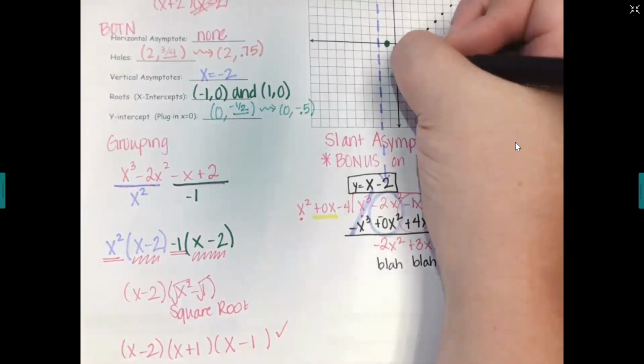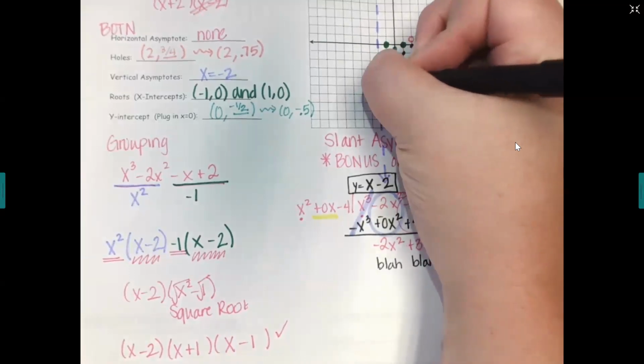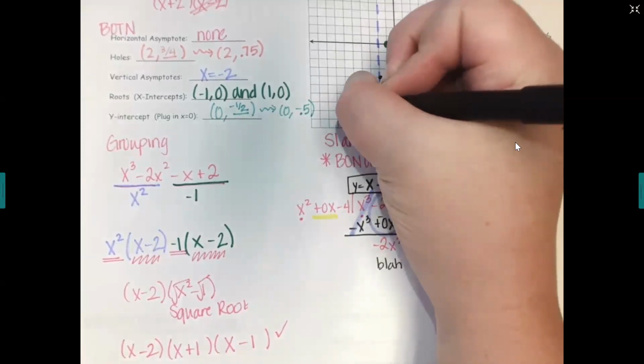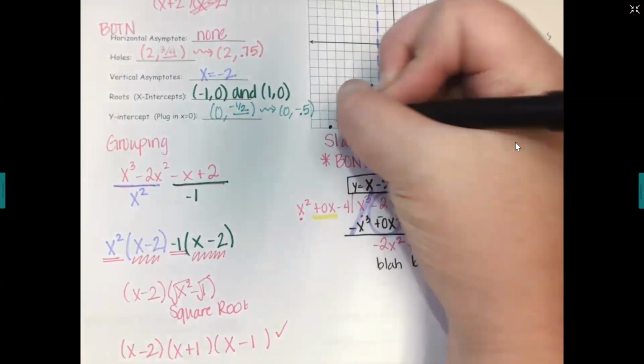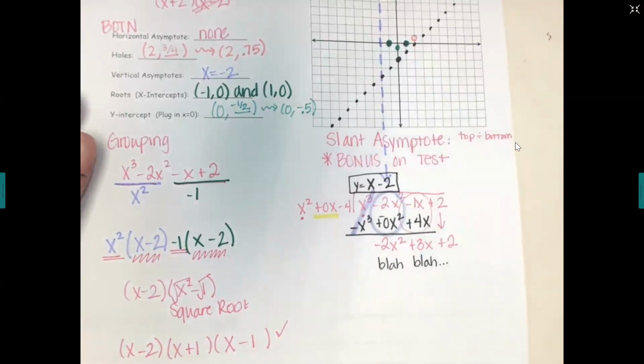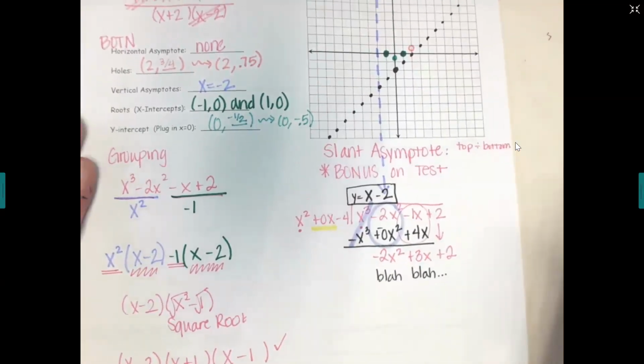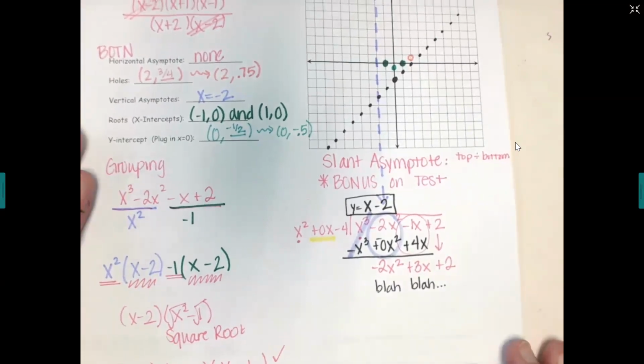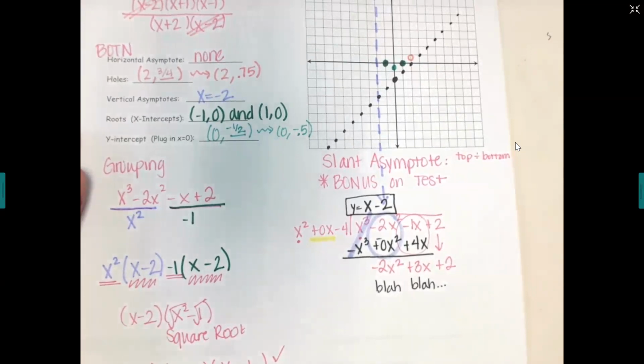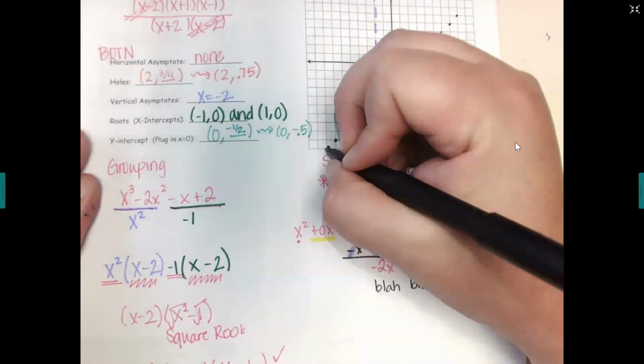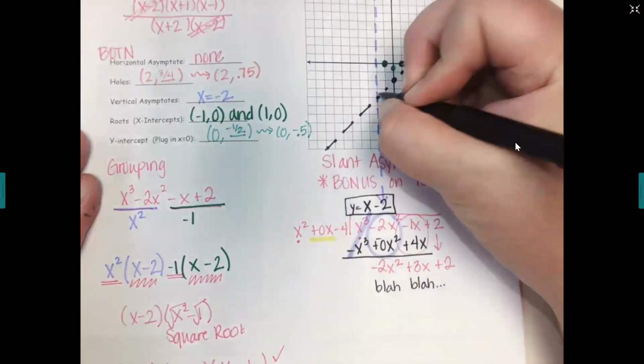I can also go this way, down over 1, down over 1. But remember, this is an asymptote. So what kind of line should I give it? Solid or dotted? Asymptotes should be dotted because they guide the shape of your graph, but they're not actually part of the graph. So I'm just gonna connect every other dot to get my dotted line.